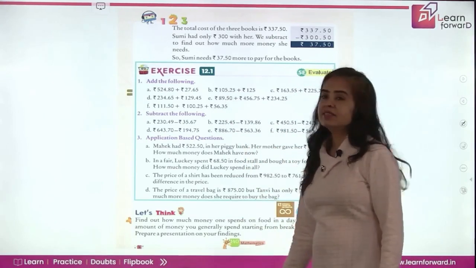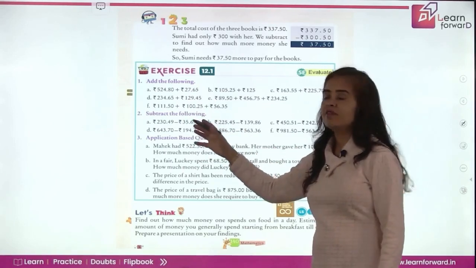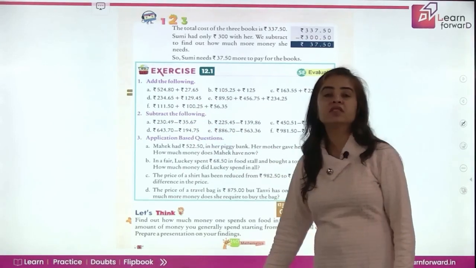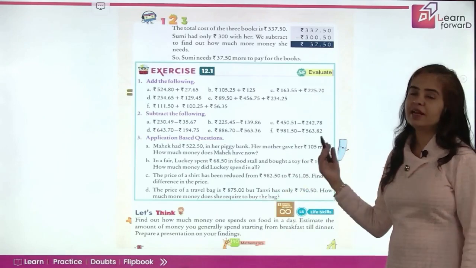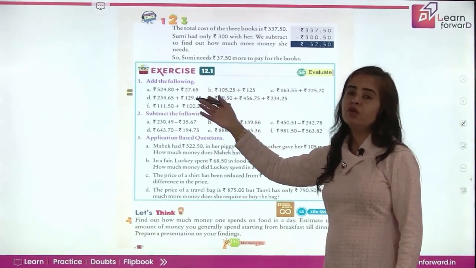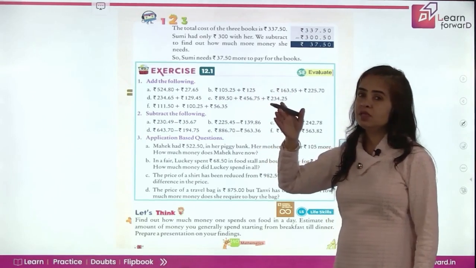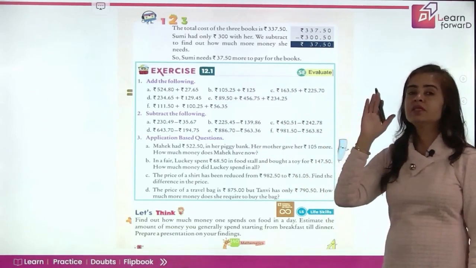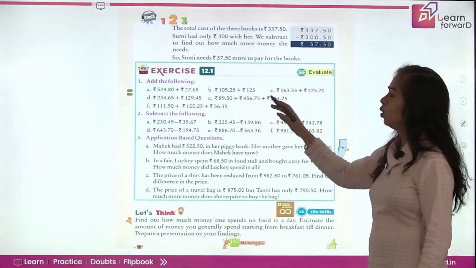Now we have an exercise here. Add the following, then you have subtract the following, and then you have some application based questions that they are the story sums. So you have to be just careful about placing decimal just below decimal. That means the decimal point should be aligned in all these amounts.